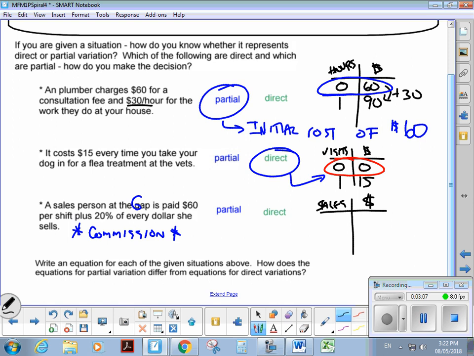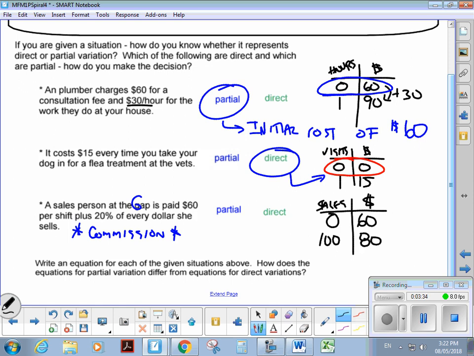So if you come into work on a shift and you sell nothing, absolutely nothing, you don't even leave the back room, you stay in the lunchroom the whole time, how much money are you going to get paid? The answer is $60. You get $60 no matter what you do on your shift. If you were to get, say, $100 of sales, well, then you'd get 20% of that, which is $20.